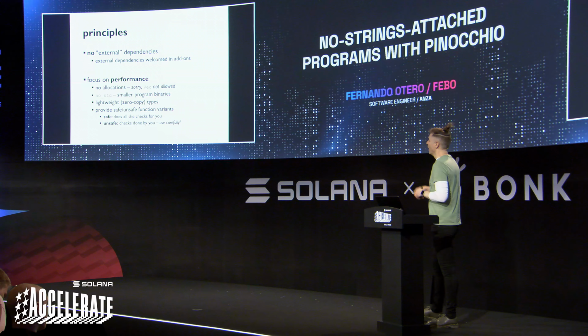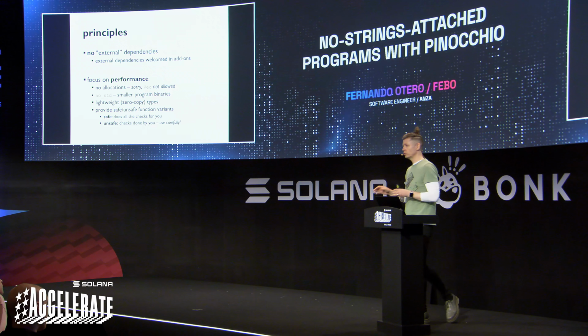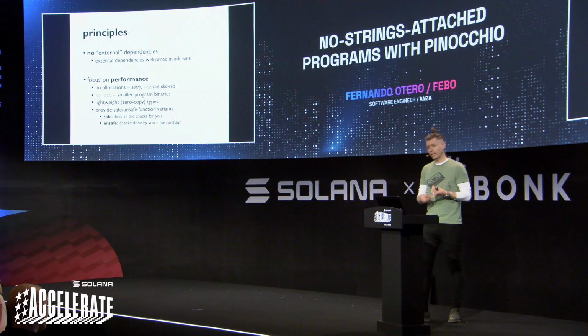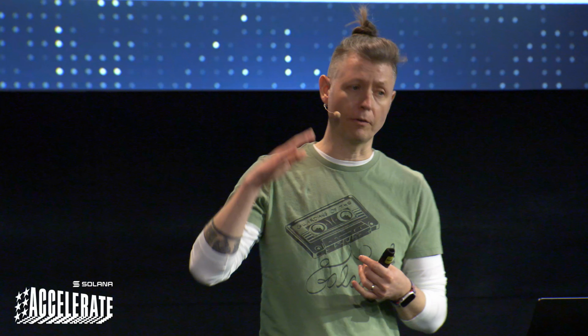And if your program also doesn't use any of the std types, which is the Rust standard library, then std doesn't even get linked to your binary, which contributes to smaller binaries. It also uses zero copy wherever possible. For instance, to access sysvars data, you access them zero copy, which again is efficient in terms of CU. And it provides safe and unsafe variants for functions.